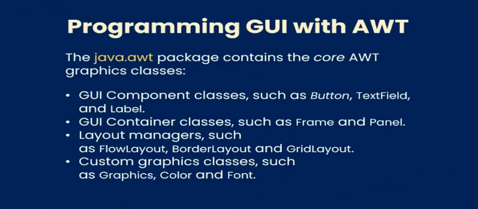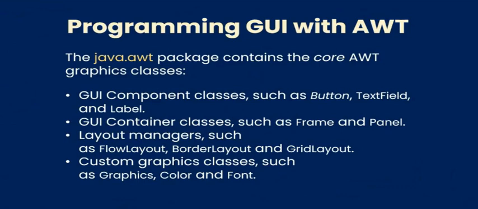So those are the packages in java.awt. It contains buttons, text fields, and labels. If you have noticed desktop applications or websites, there are buttons and input fields where you input your details, like username and password.